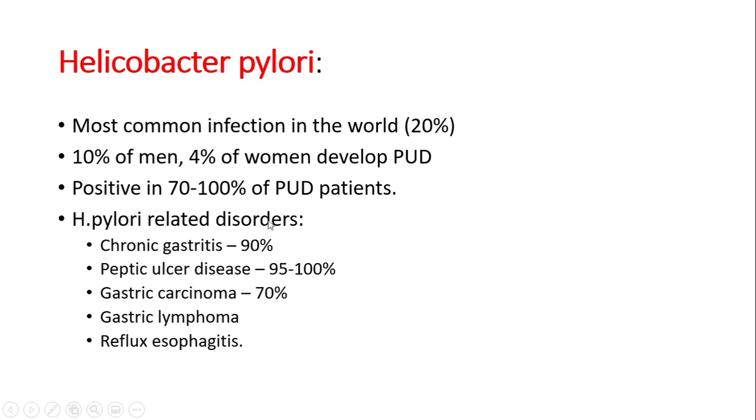So many or most of gastric diseases or disorders are related to H. pylori. All of these disorders you see: chronic gastritis, that is a chronic H. pylori associated gastritis. Only 10% is autoimmune, negative for H. pylori, and up to 90% is H. pylori associated chronic gastritis.